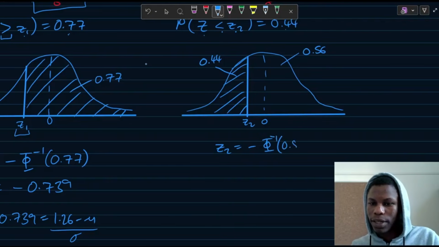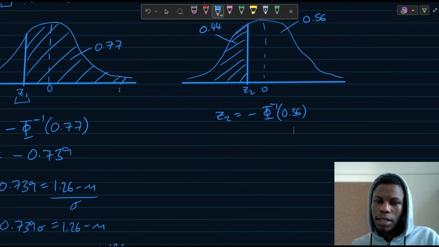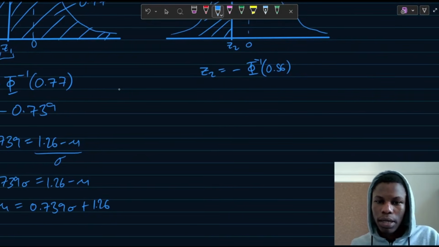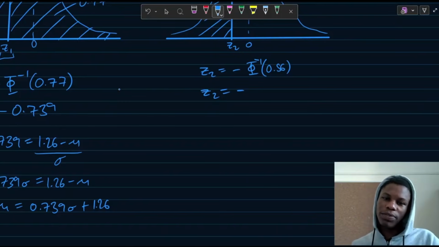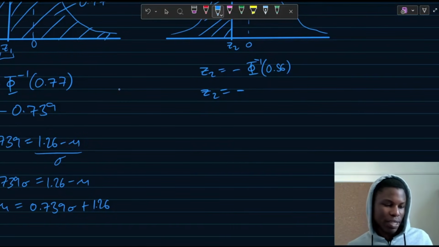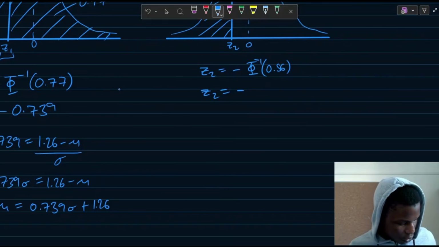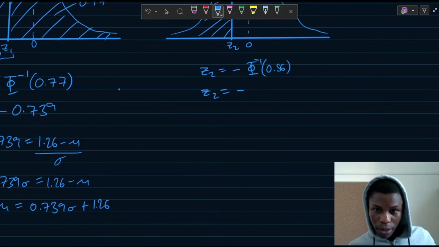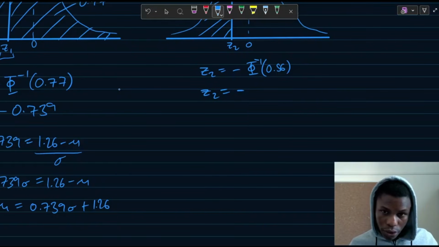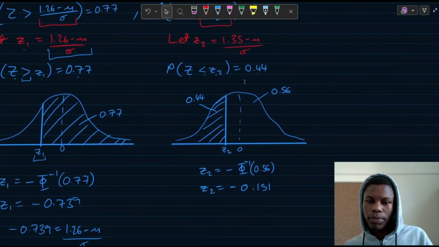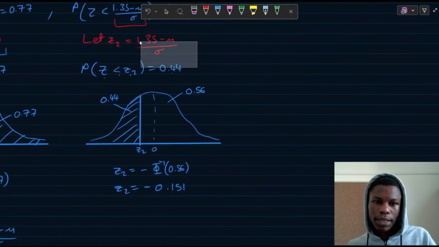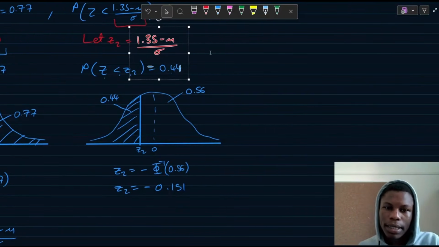of 0.56. And so go to your tables and just read off arc phi of 0.56, because it's always going to be positive. And if you read off arc phi of 0.56, you should get 0.151. Okay. And remember, we say that Z2 is equal to that.